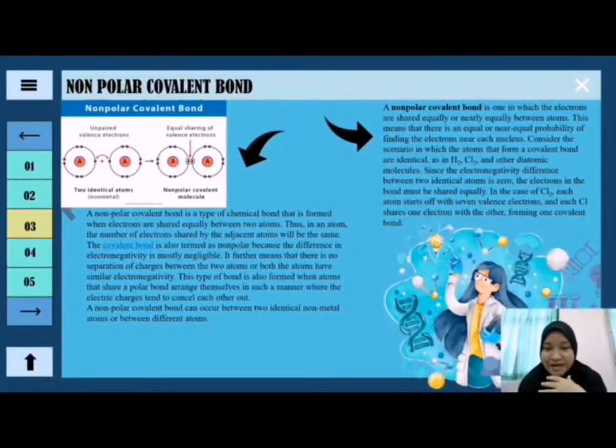A non-polar covalent bond is one in which the electrons are shared equally or nearly equally between atoms. This means that there is an equal or near equal probability of finding the electrons near each nucleus. Consider the scenario in which the atoms that form a covalent bond are identical, as in H2, Cl2, and other diatomic molecules.